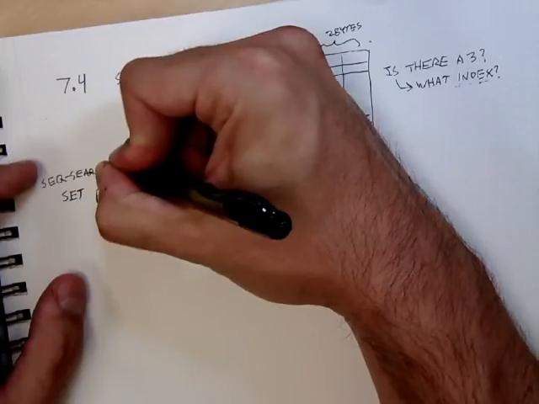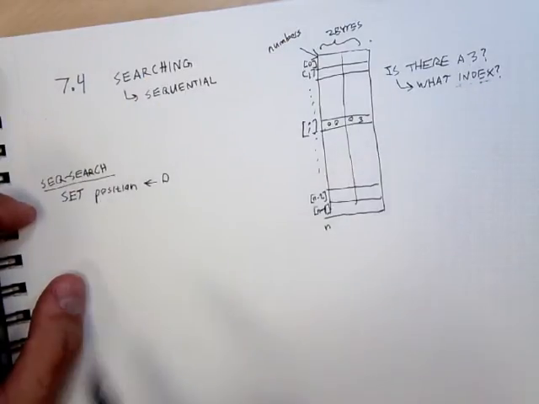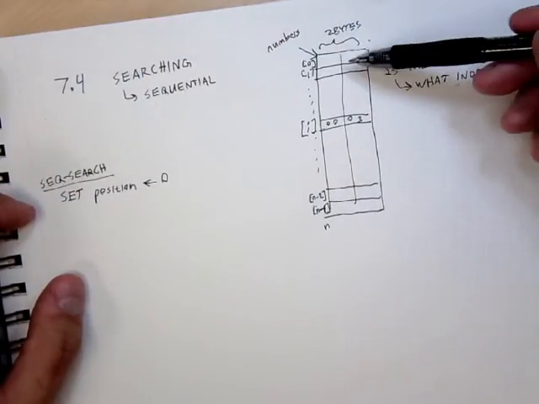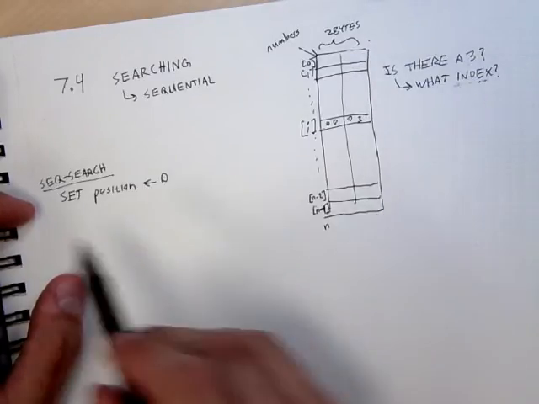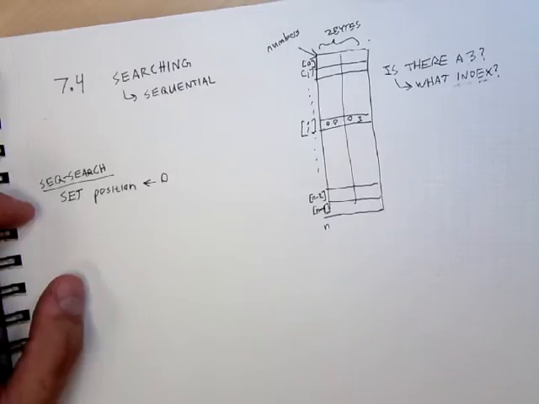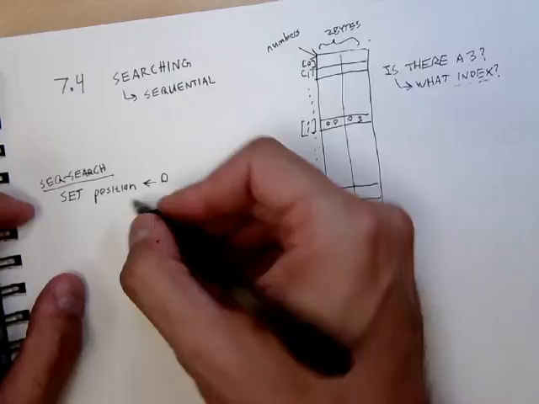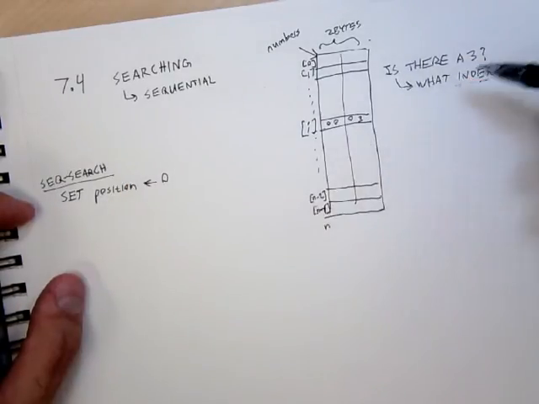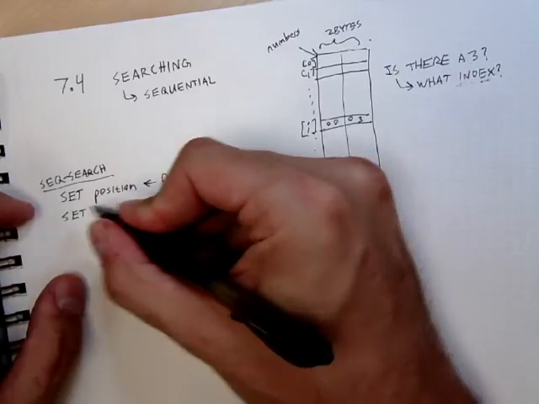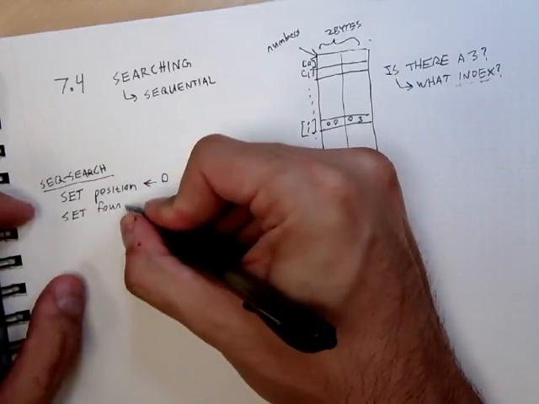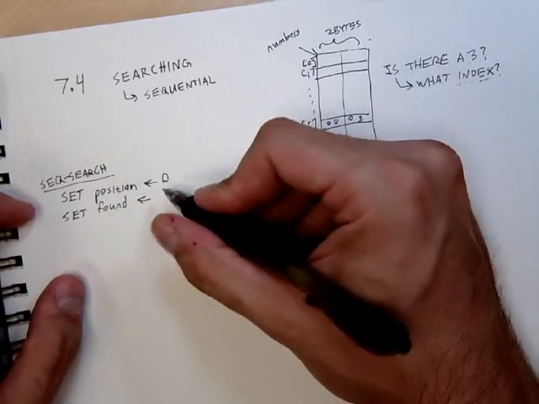Some people call this a linear search algorithm because that is a way to describe how long it takes to do the search. So this is a linear or a sequential search algorithm. We are going to set position to 0, and we haven't found it yet. What we're going to do is keep a true or false variable to indicate whether or not we've found it. So we're going to set found to the value false.